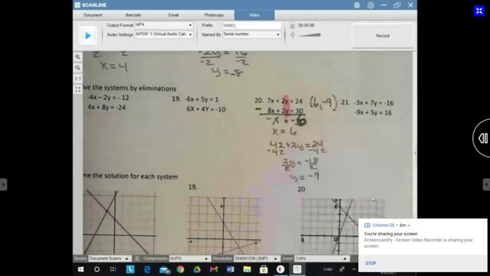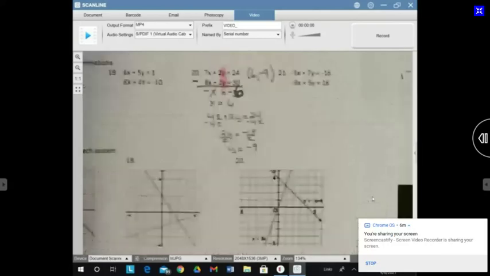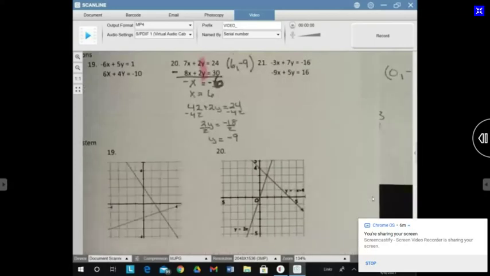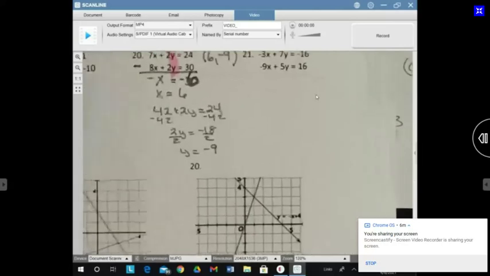Look at problem 21. What do I see when I look at problem 21, guys? No variables are the same. Okay, so here's where I have got to figure out what can I do to make somebody the same.